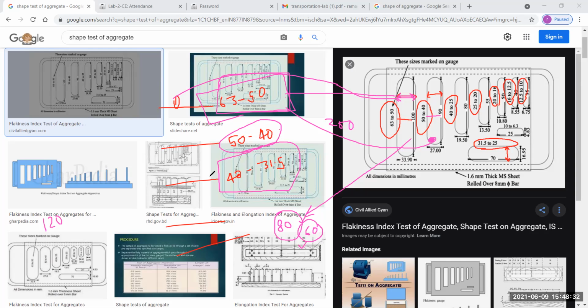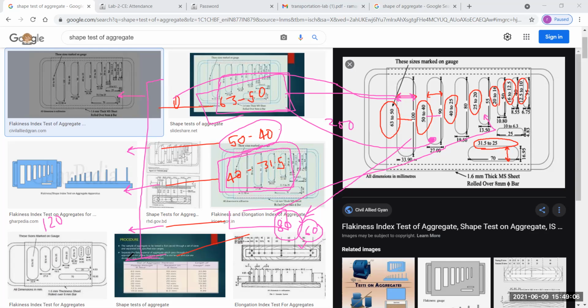So you do not pass 40 to 31.5 or 31.5 to 25 aggregate of 200 pieces through the 25 to 20 slot. Everything is segregated: fraction size is segregated, 200 pieces for each fraction is segregated, also slots are segregated. You just pass your 200 aggregate through different slots.